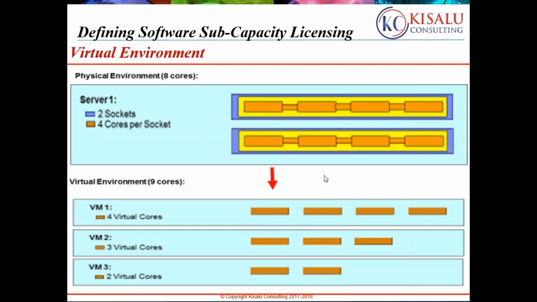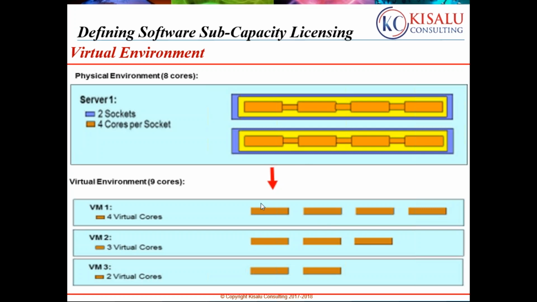So let's say you have this big machine which has 8 cores, and you have a software that costs you $100 per core, because they will be charging per core. So for this one, you will be paying $800 because it's $100 per core.